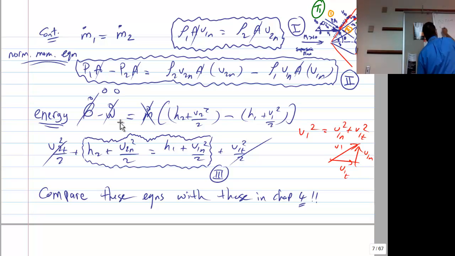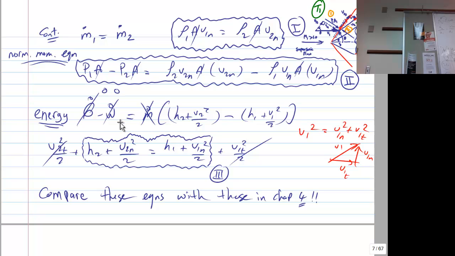Because M1 normal is V1 normal over A1, and M1 is V1 over A1, and we know that V1 normal is V1 sine theta. So from M1 you calculate M1 normal. That number would be 2 sine of 40 degrees in this problem. You calculate this, and you come here, not at 2, it will be probably lower. And you read this value, and you get your M2 normal.